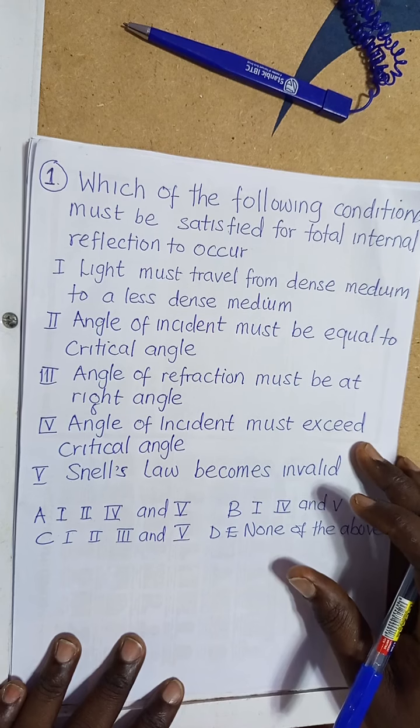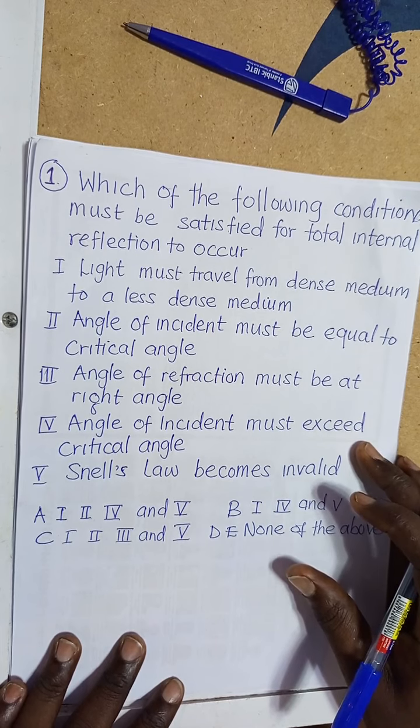Question one says, which of the following conditions must be satisfied for total internal reflection to occur? Roman figure 1: light must travel from a denser medium to a less dense medium.